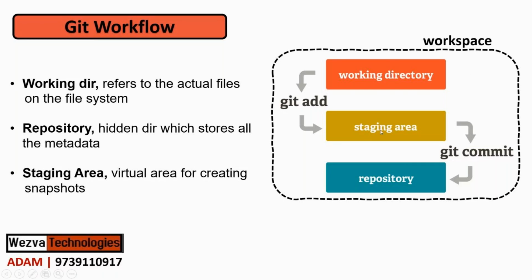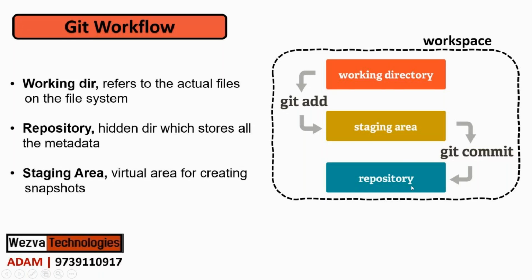And when you feel that everything you want to check in is there, then go ahead and do the commit. So remember, commit takes the content you have put into the staging area. Okay, so like this, you can continue making all the changes and keep storing them as metadata into the repository.